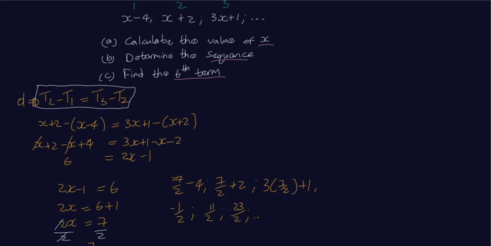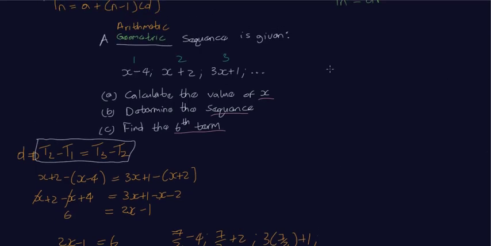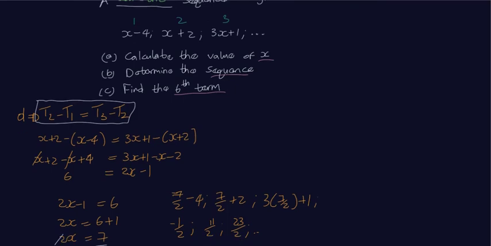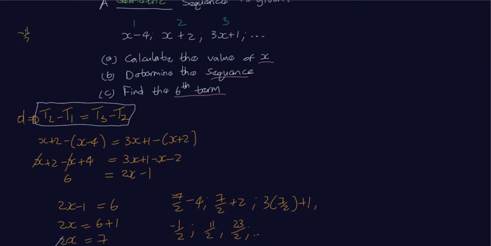So our sequence is minus half, then 11 over 2, 23 over 2.